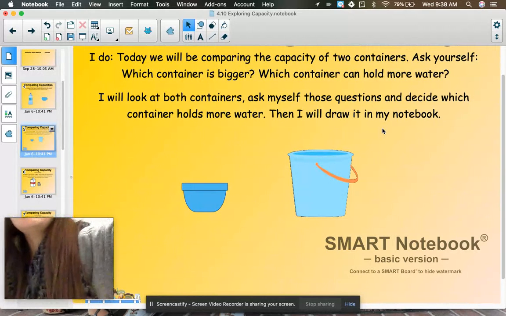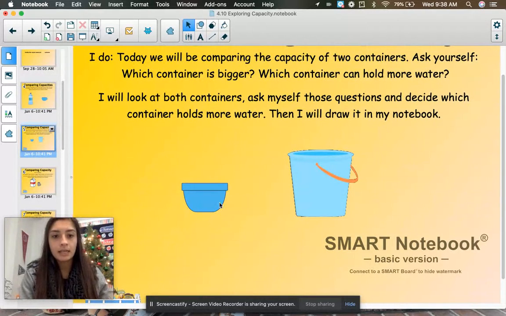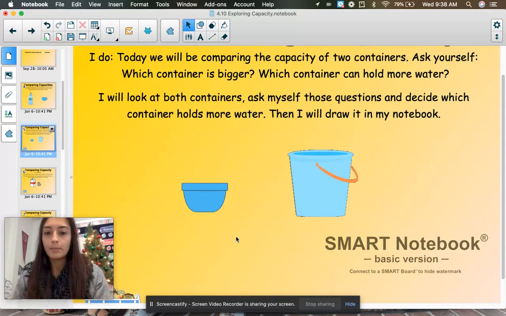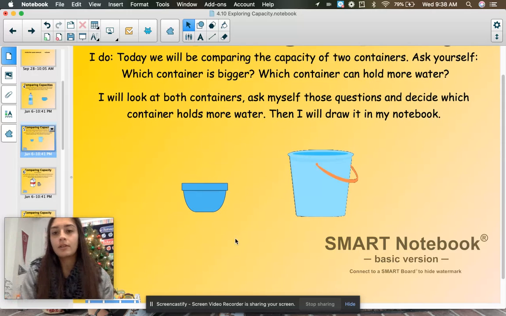So I see two containers. I see a bowl that you might use for cereal or soup. And then I see a big bucket that you might use at the beach with sand and sand castles. So I need to ask myself those two questions. Which container is bigger? Now when I look at those, I can tell that this one looks much bigger, the big bucket.